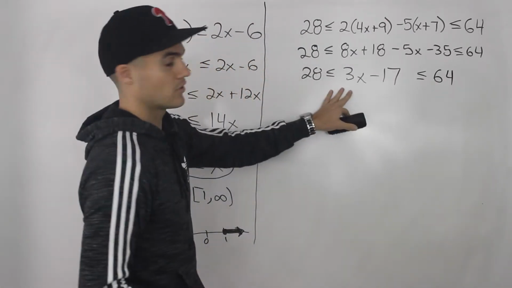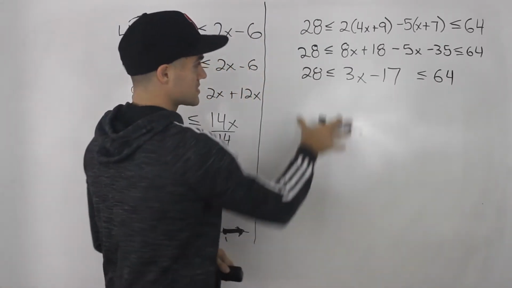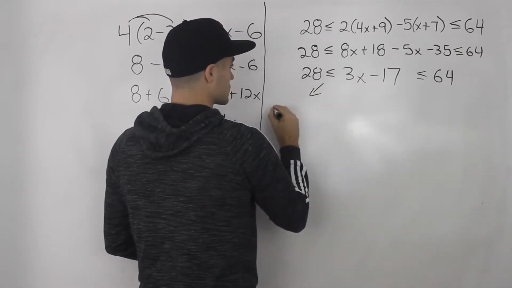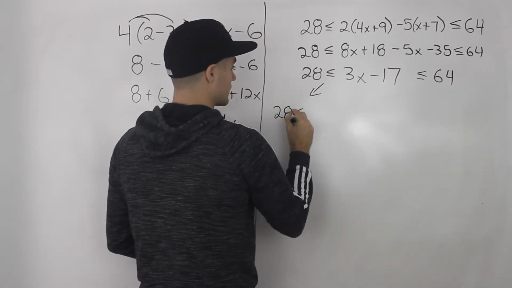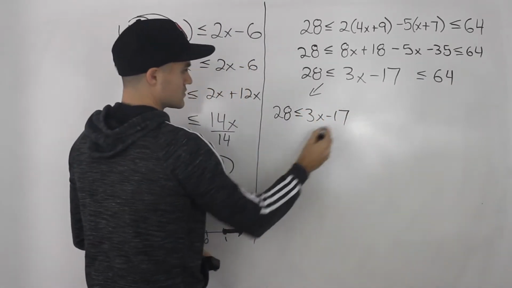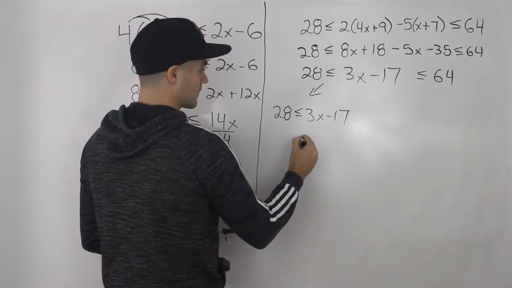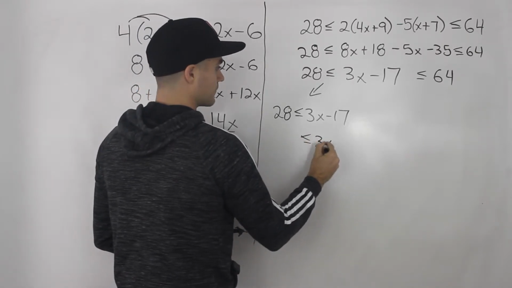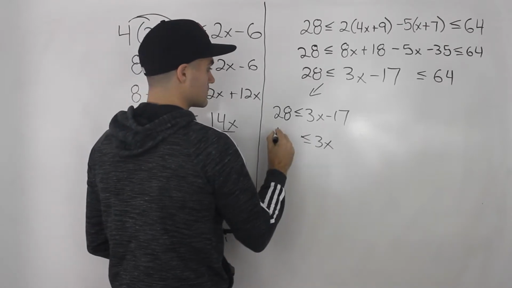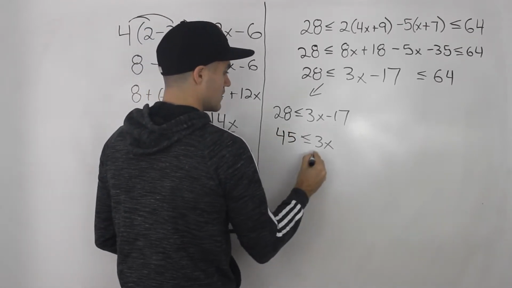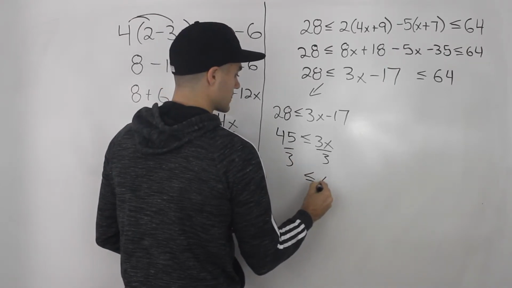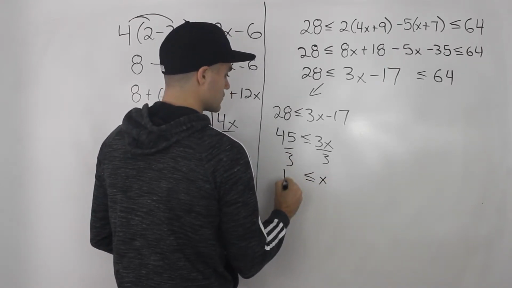Now that we're at this point, I'm going to split up these inequalities. First I'll work with 28 being less than or equal to 3x minus 17. If I bring this negative 17 over, 28 plus 17 gives us 45. Divide both sides by 3 to isolate for x, so x is greater than or equal to 15.